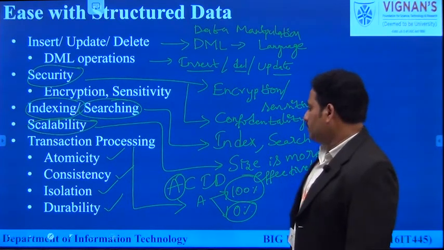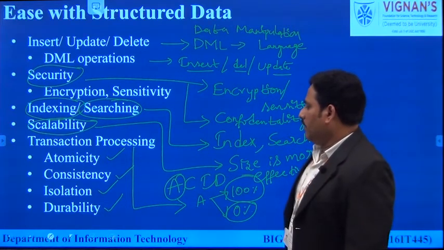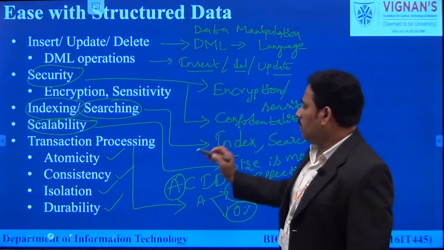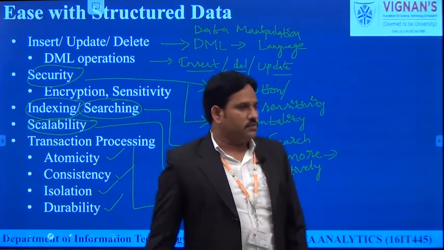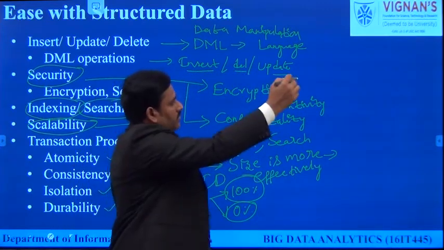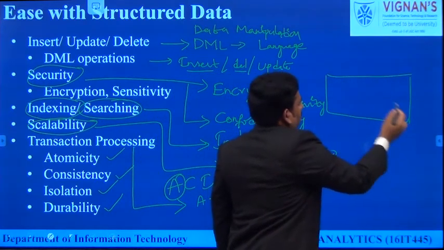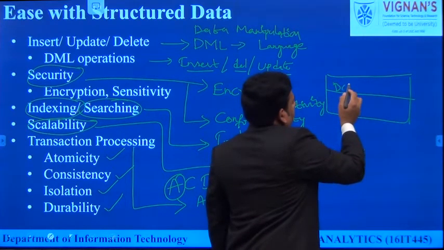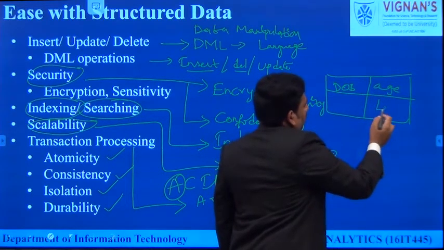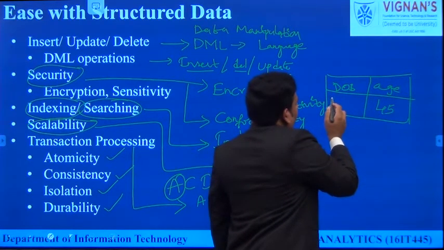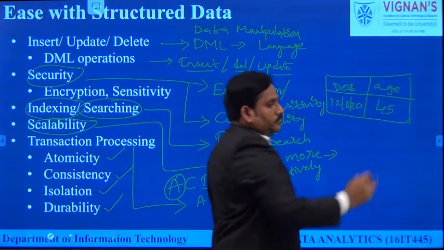This is called atomicity. And the second one is consistency. That means data which has a relationship with any other object is called consistency. Now have a look at this. Here we are trying to enter the age of an employee based on date of birth. Here the age of an employee is 45. They enter the date of birth as 12/8/2020.